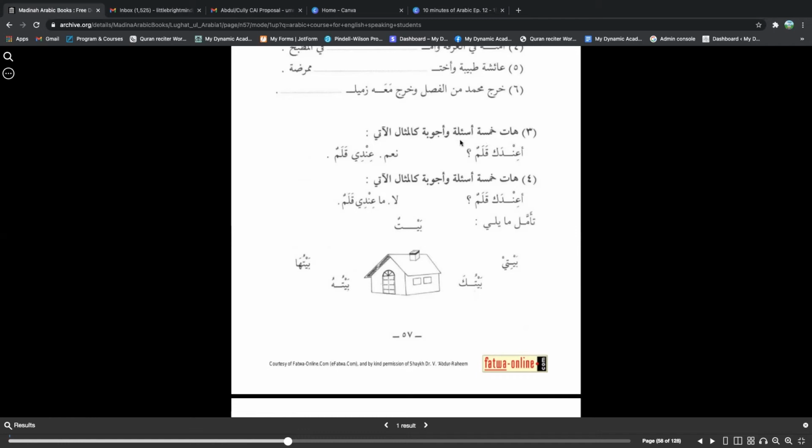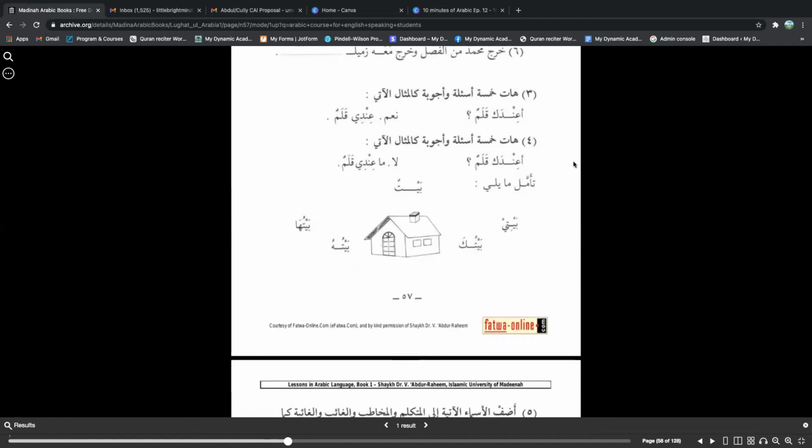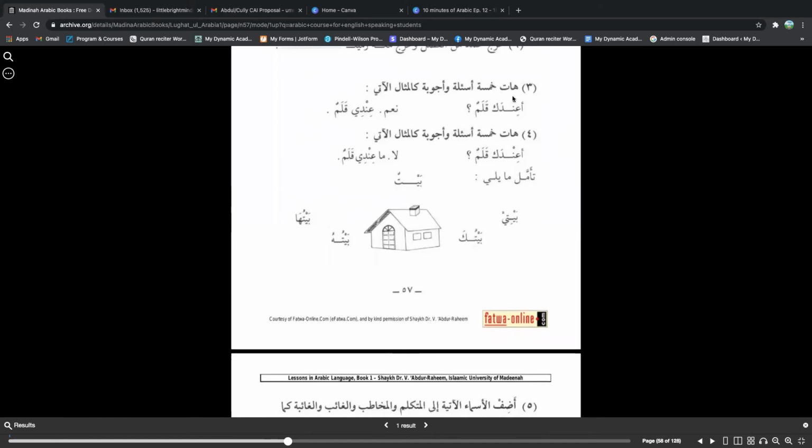هات خمسة أسئلة وأجوبة كالمثال الآتي. Okay. So here, hati, yani, this is a verb that doesn't change, no matter what. This is something also mamnu' min as-sarf. It's always hati, and it means like bring or get.